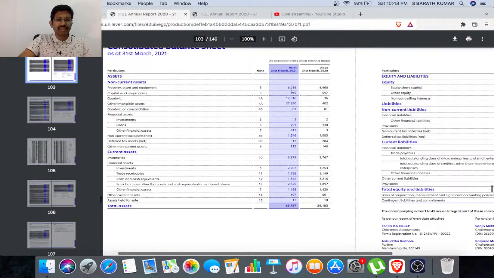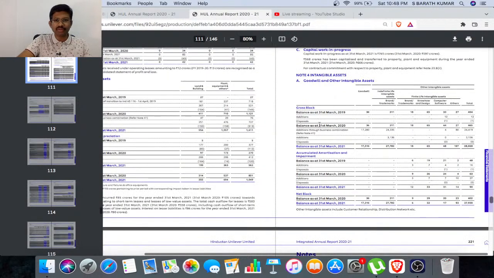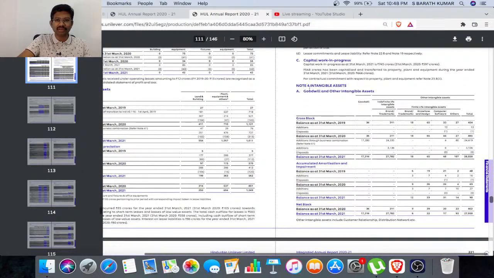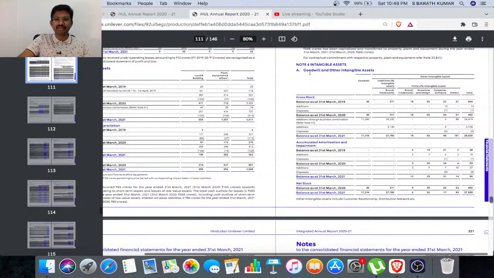Whenever we analyze a balance sheet, it is not enough to just see the figures. If we need to know the details about these figures, we need to see the notes section. That is where all the details are tucked in. Here they say that both of these are in note 4A. So let's go into the notes. This is the note, 4A: goodwill and other intangible assets.